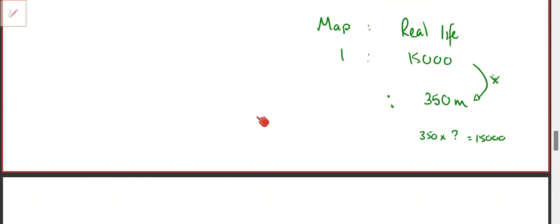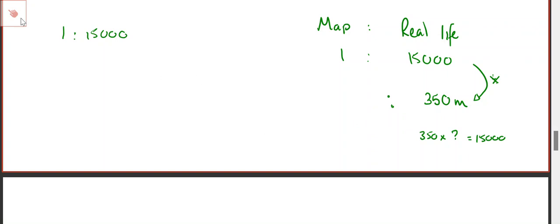So what do you want to do? So let me just rewrite it. So 1 to 15,000, you want to do what first? Why do you want to times by 350? But we're doing it the other way round. We're on the other side now.